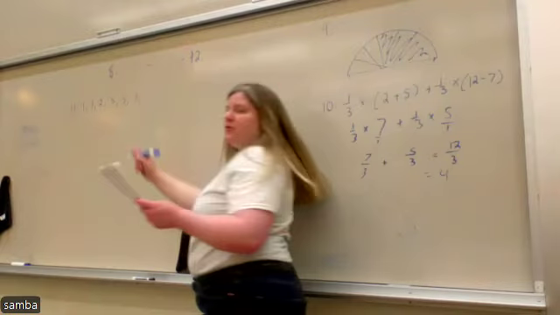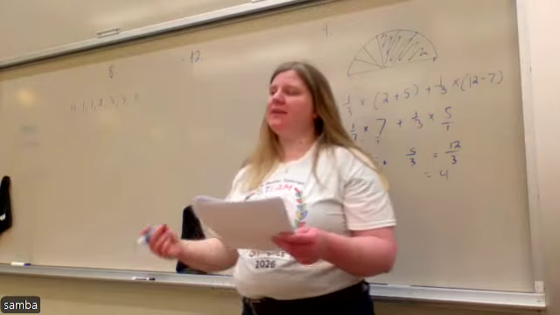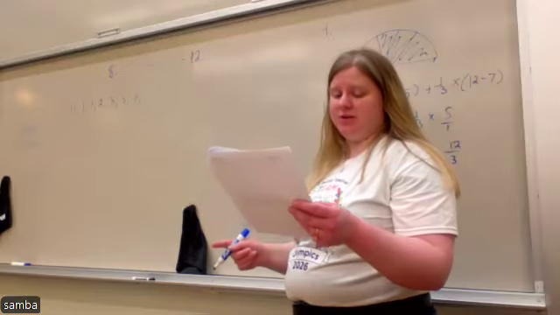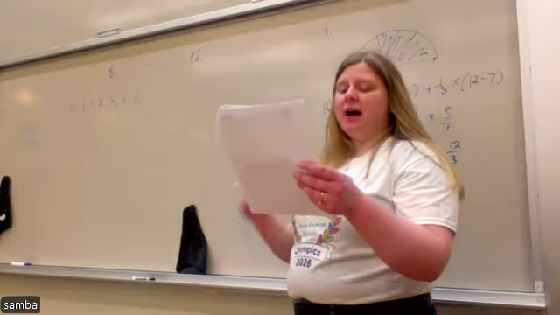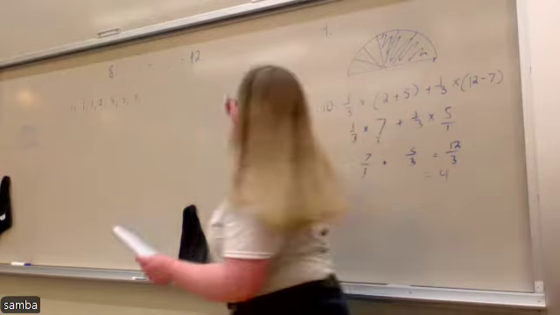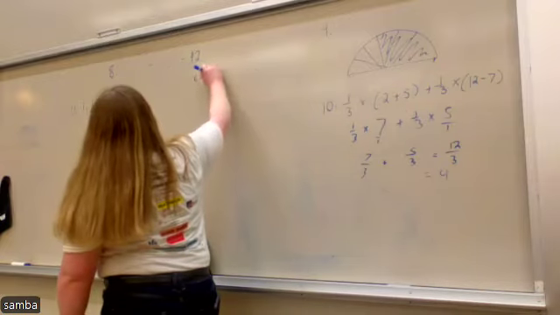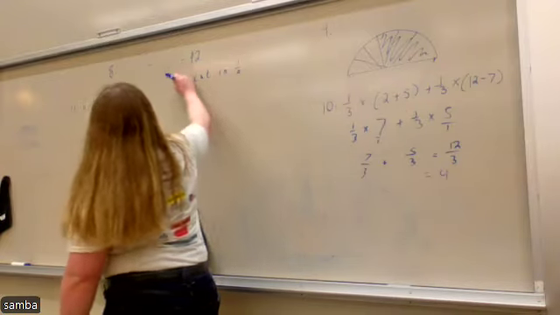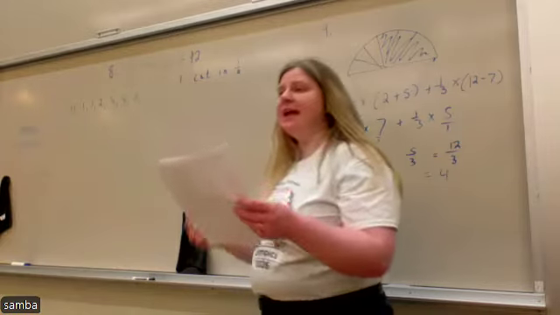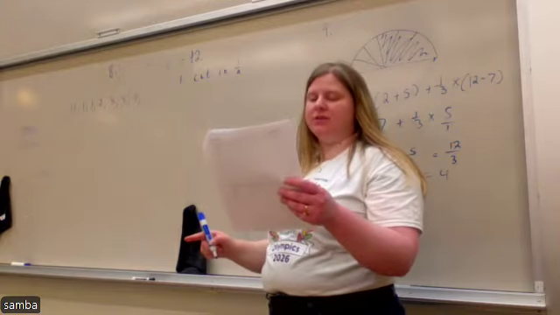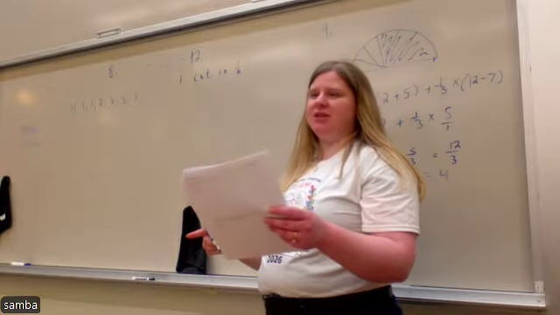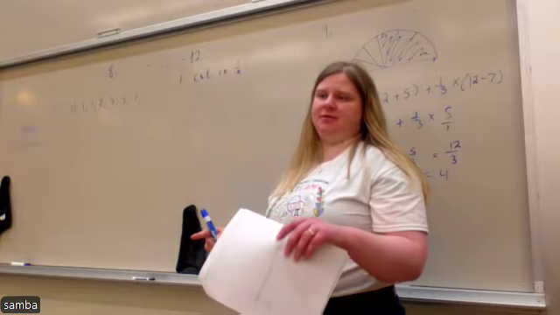So number 12, you want to read through everything that they did and go backwards. It says a carpenter cut a piece of wood in half. That's the first step, so cut in half. That's step 1. And then cut off 20 more centimeters. What operation is cutting off 20 centimeters?